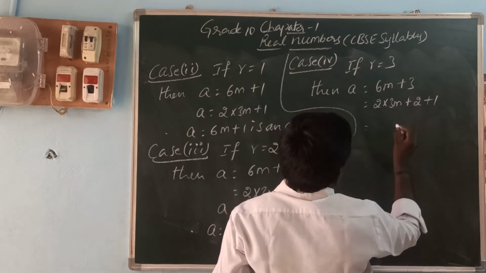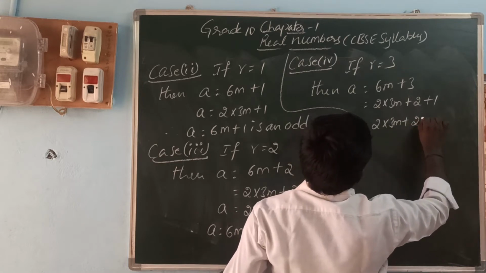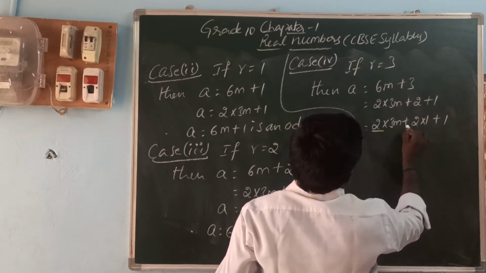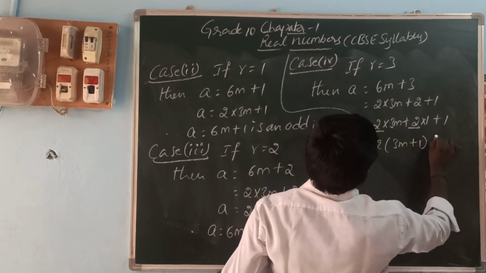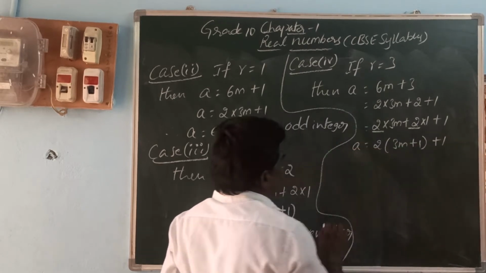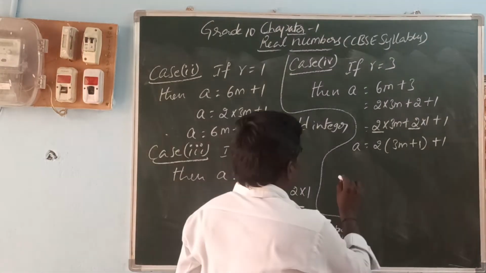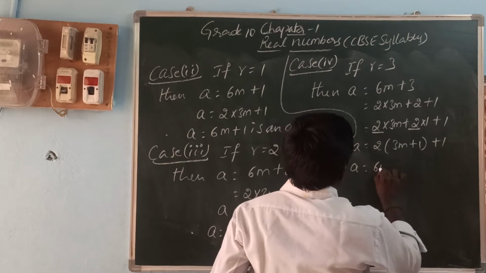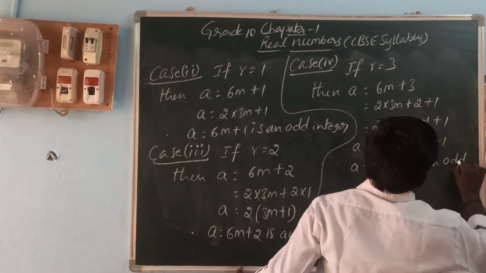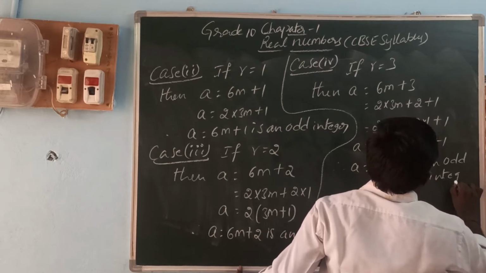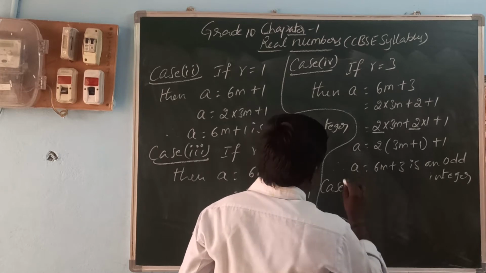So 2 into 3m plus 2 into 1 plus 1. In this, the common factor is 2, so that is 2 times 3m plus 1, plus 1. A number which when divided by 2 leaves remainder 1 is called an odd integer. Therefore, a is equal to 6m plus 3 is an odd positive integer.